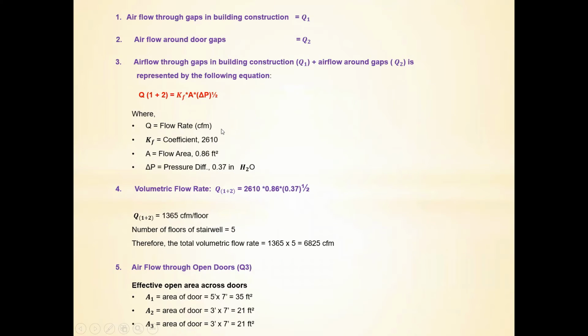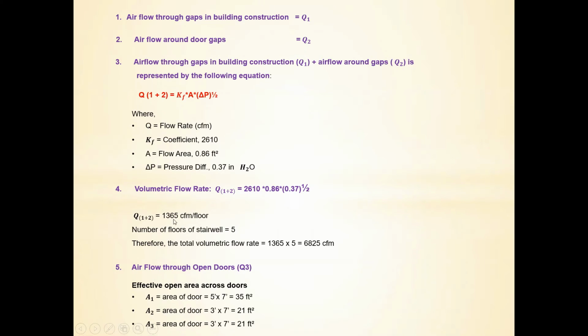So how do we find out the total leakage? Now there are three elements. One is Q1, the airflow through the gaps in the building construction, and airflow around the door gaps, Q2, and Q1 plus 2 is K into A into delta P raised to power 1 by 2. So here, how can we calculate it? In this formula, constant K is 2610.